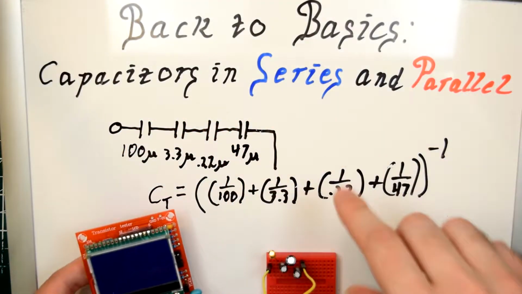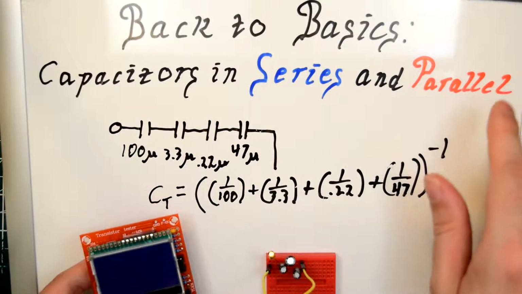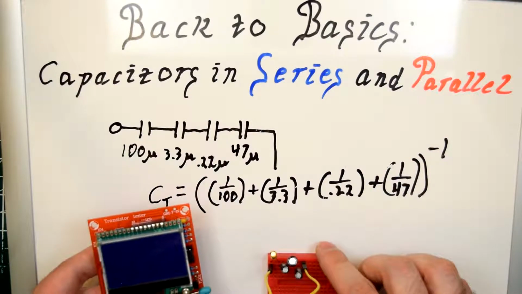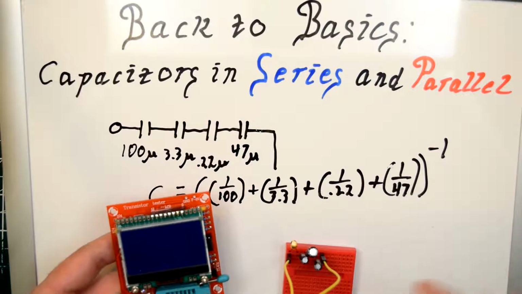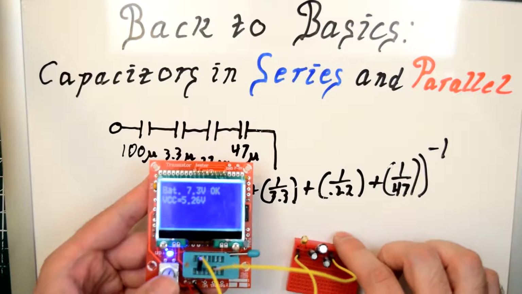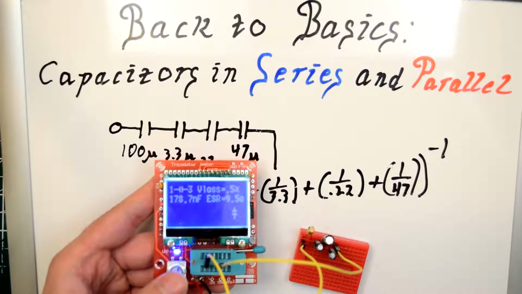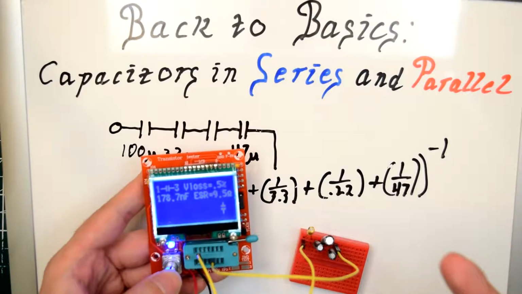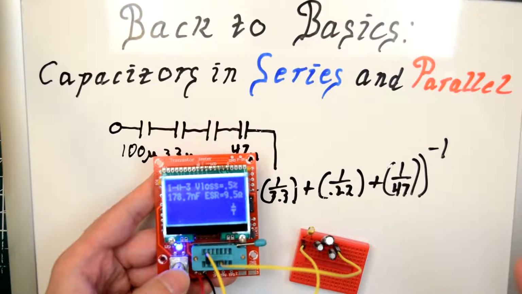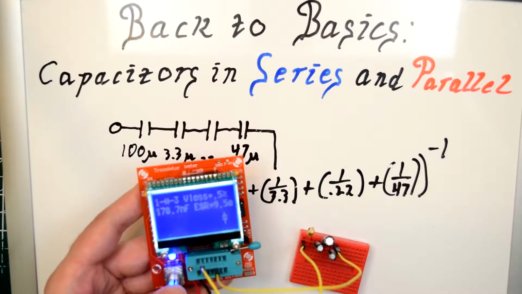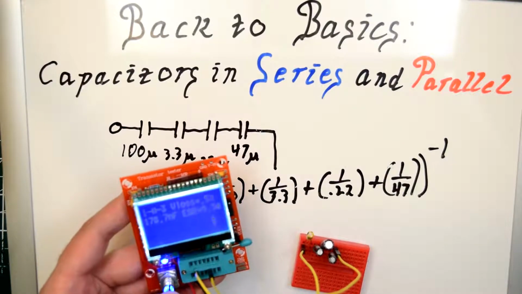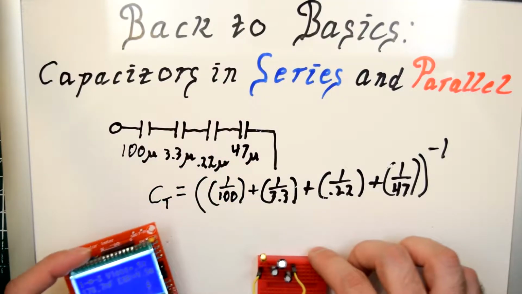So we put these all in series, and we calculated that it should be 0.204 microfarads, or 204 nanofarads. So if we run this capacitor checker, we get 178.7 nano, which is close enough, given that the capacitors aren't exactly those values.